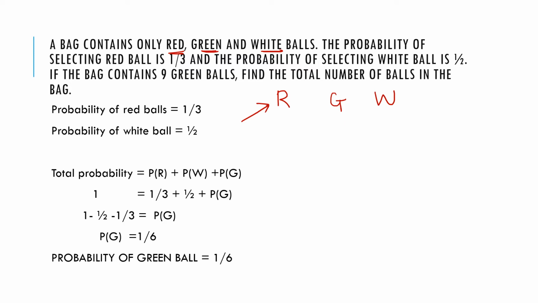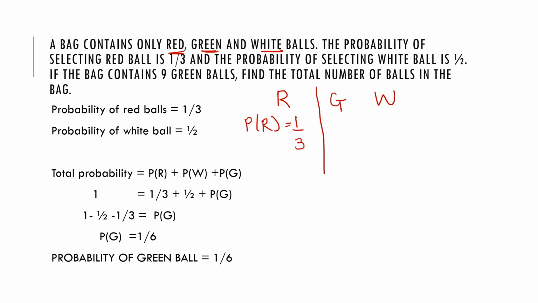We have to find the total number of balls in the whole bag, which means the total number of red, green and white balls. Now let's see what data we have for each of them. The probability of selecting a red ball, let's denote it as P of red, is given to me as 1 by 3.